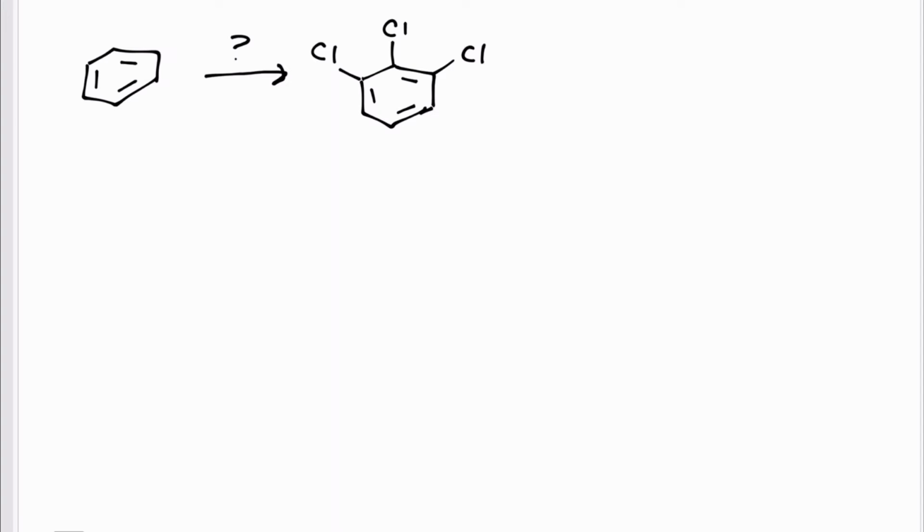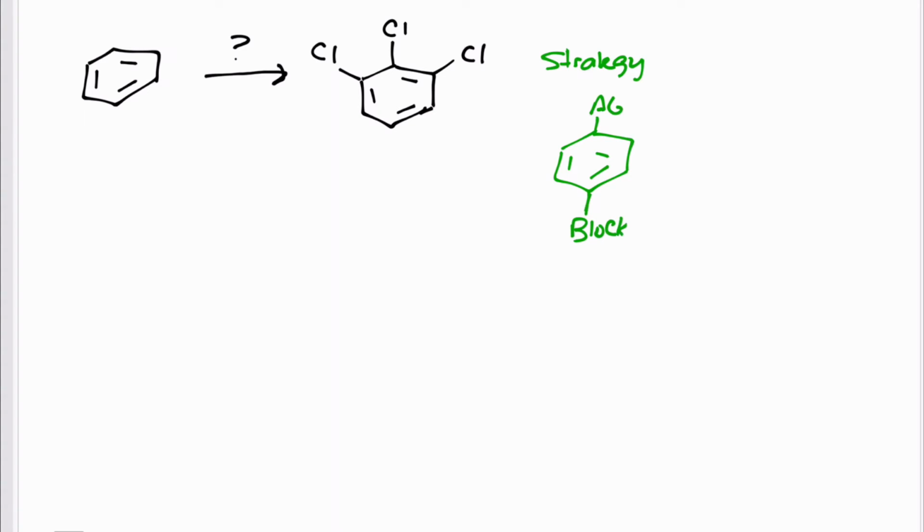So what we need to do here, at least strategy-wise, is install a strong activating group at the top of the ring. From there, we want to install some sort of group that will block the para position.